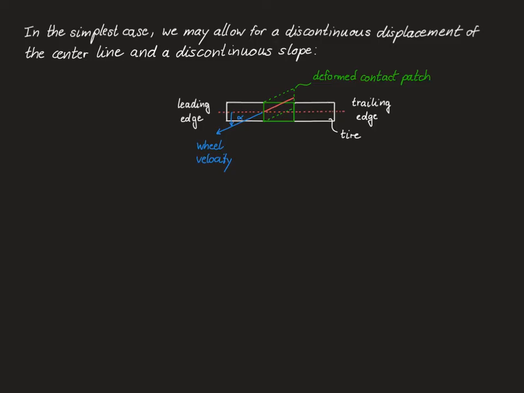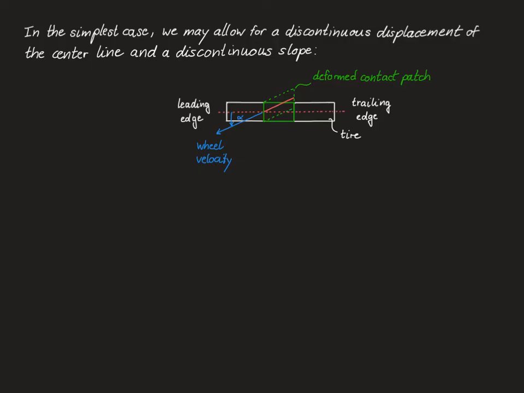So alpha represents the tire slip angle. And now the assumption is that the center line in the contact patch deforms along with the wheel velocity. And correspondingly, we get this dashed shape for the deformed contact patch. Clearly, in this situation, the deformed center line is discontinuous, and also the slope of the center line is discontinuous.